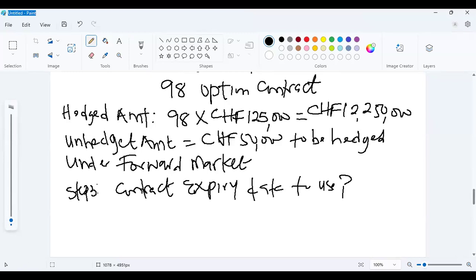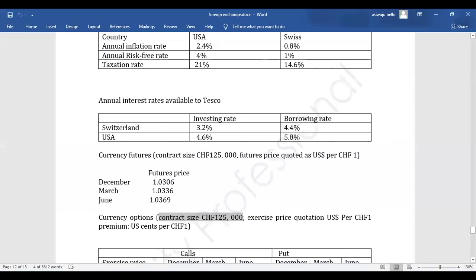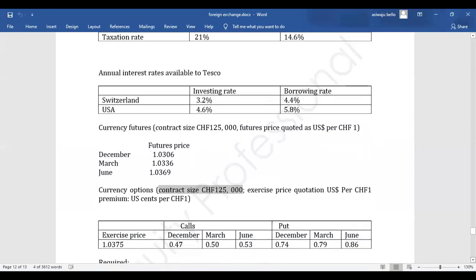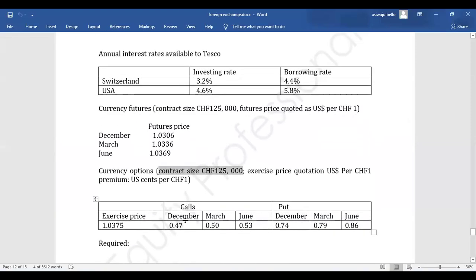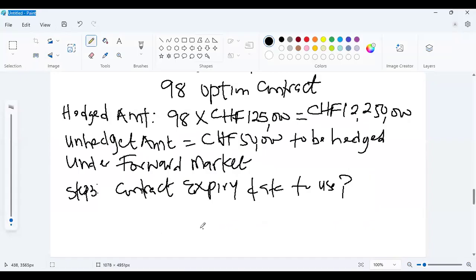If you go to the option market, we have December contract under put, March contract, June contract. The appropriate contract to select is June.